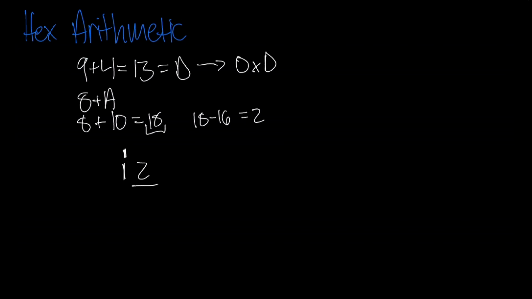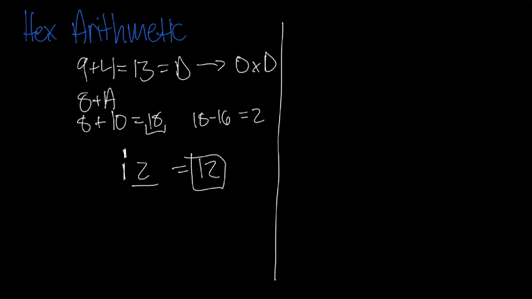And that's just going to be brought down because we have nothing else to add there. And so our result is 1, 2. Sorry, I didn't write this very organized, but our result of 8 plus A in hex is actually 1, 2. This is not 12. This is actually the decimal value 18. It's a little confusing because the decimal value of 18 reads as 12 in hexadecimal, which can be very confusing.